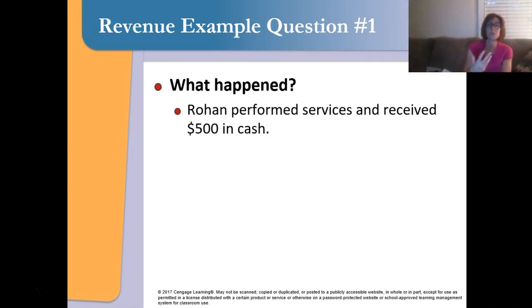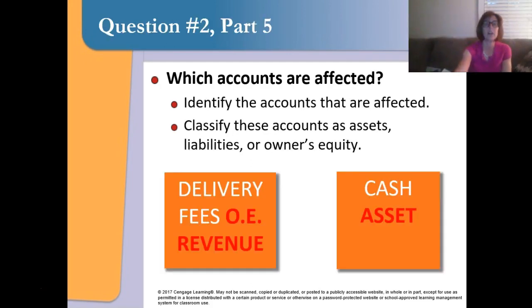We're going to look at an example here where Rohan performed services and he received $500 in cash. So our business received $500 in revenue, which is an equity account, but we also received some cash, which is what kind of an account?